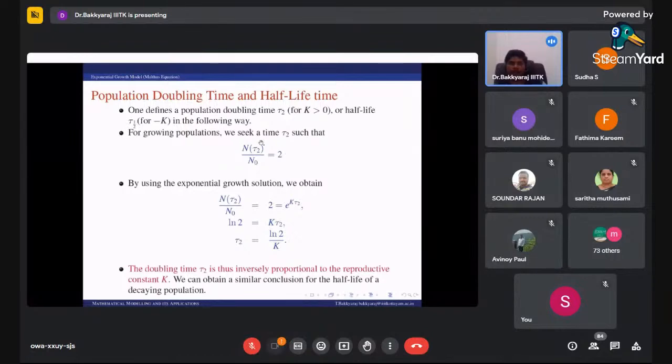Because you already have N of t, you just substitute N of t equal to 2 N naught, and you solve it, you will get your tau 2. So the doubling period is log 2 by k in this particular model. Likewise, you can also find the half-life time if you consider the radioactive decay models. So this is the idea.